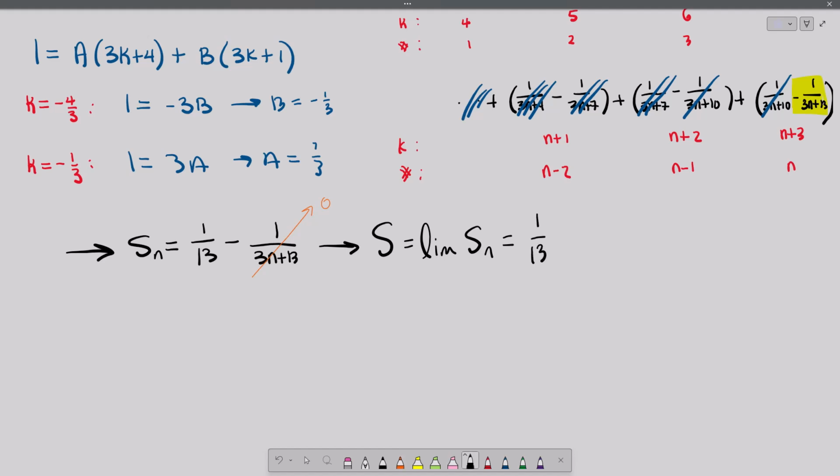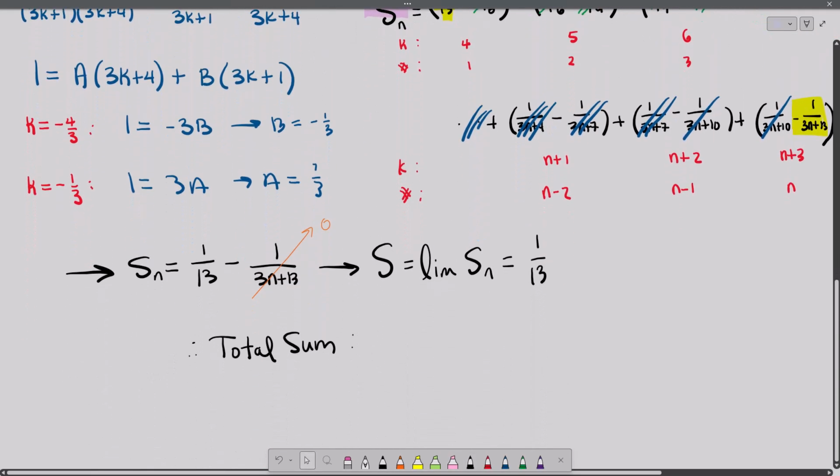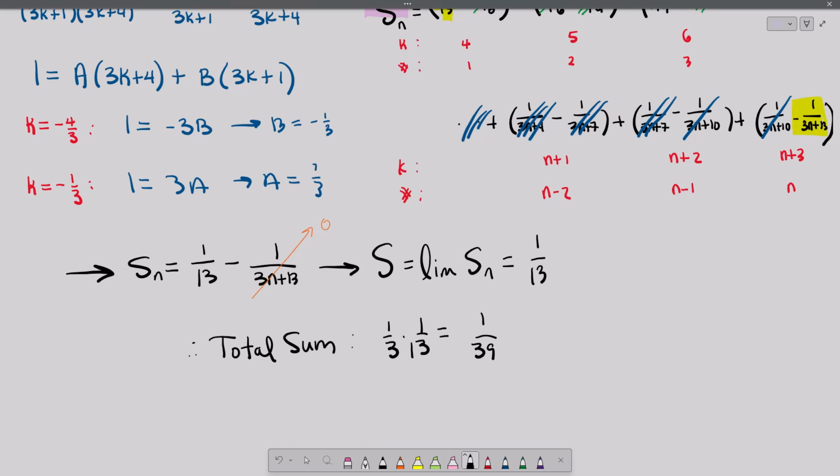And then our big conclusion, the total sum: because we separated the series from this coefficient of 1/3, the total sum would be 1/3 multiplied by 1/13, which would be 1/39. So the series converges, and we know what it converges to.